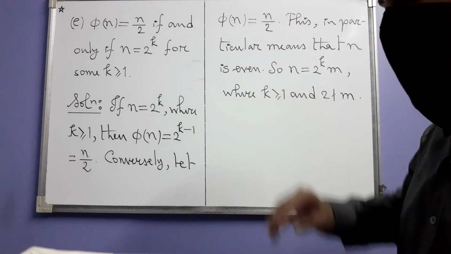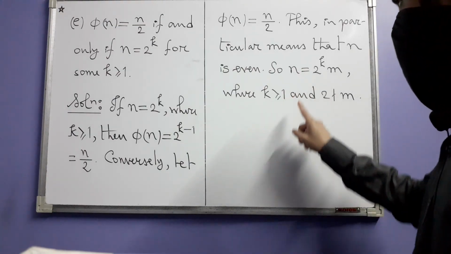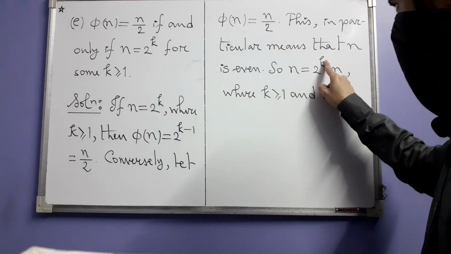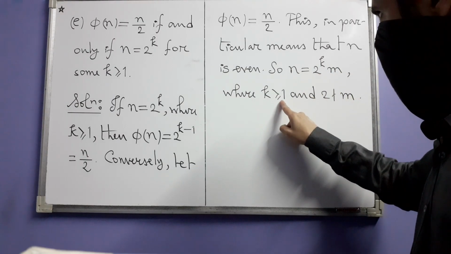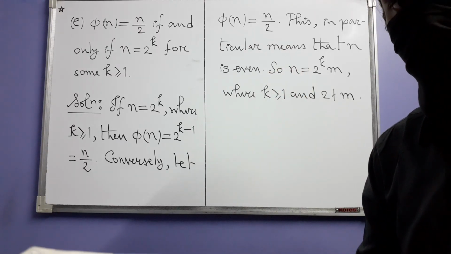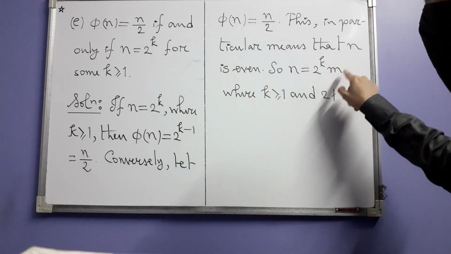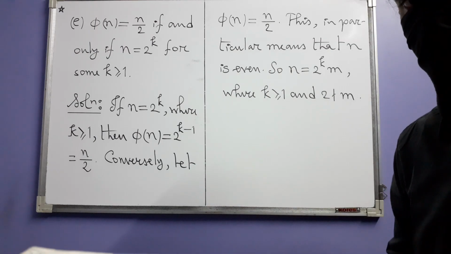Otherwise this side will be a fraction. So because n is even, n will in general have this structure, 2 to the power k times m, where k is positive. Had n been odd, k would have been 0. Because n is even, k is positive and the other part is not divisible by 2. That means m is not even.